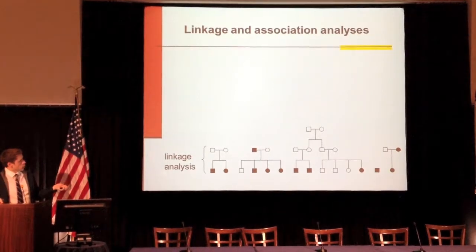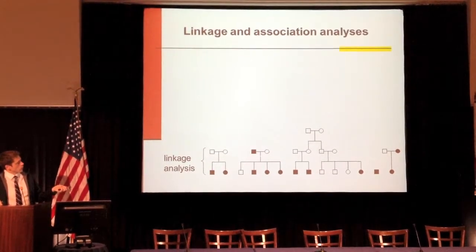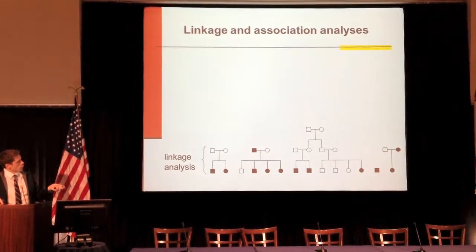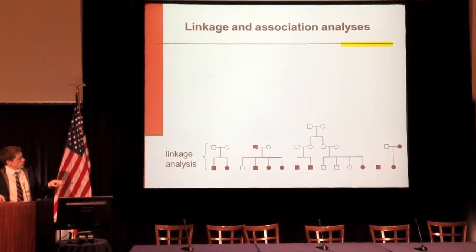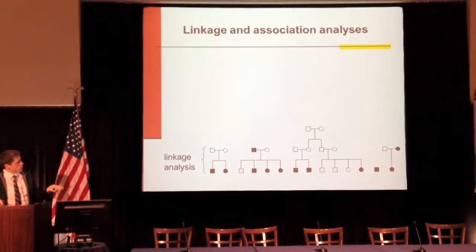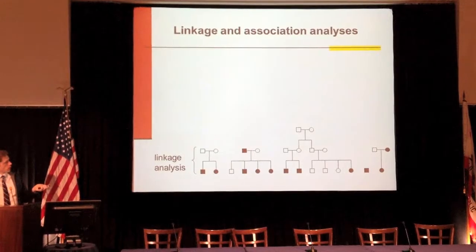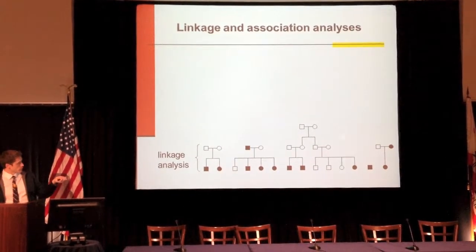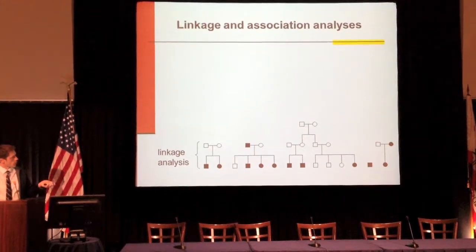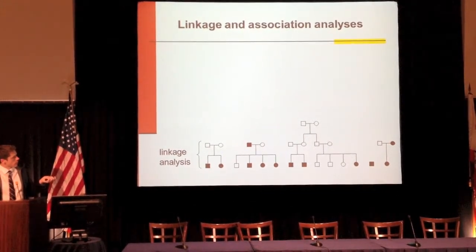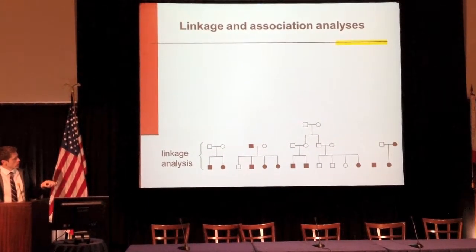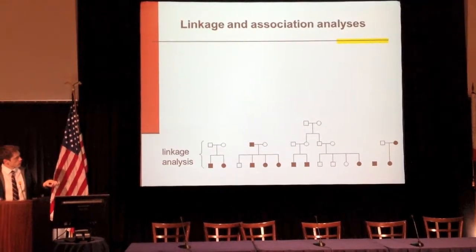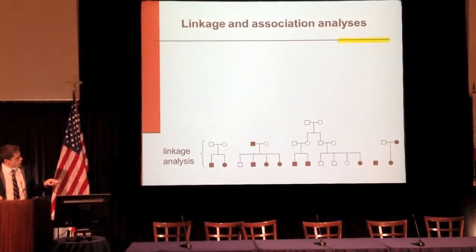So-called linkage analysis: we are basically looking at how a particular trait is going from one generation to another, in comparison to the family structure. Here, for example, the father had a particular trait, and that trait was transmitted to three offspring.